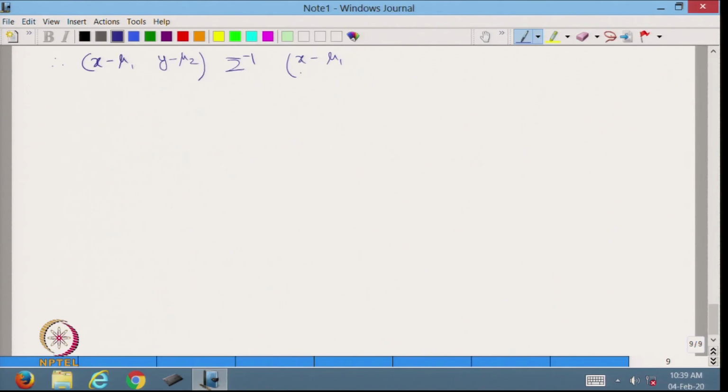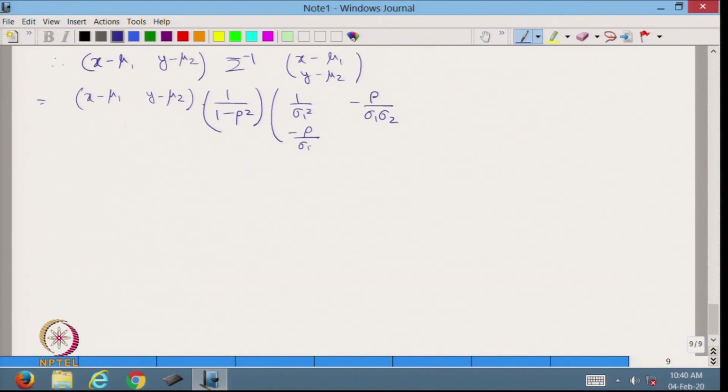So, therefore, x minus mu 1, y minus mu 2, sigma inverse, x minus mu 1, y minus mu 2 is equal to x minus mu 1, y minus mu 2 into 1 upon 1 minus rho square into 1 upon sigma 1 square, minus rho upon sigma 1 sigma 2, minus rho upon sigma 1 sigma 2, 1 upon sigma 2 square, into x minus mu 1, y minus mu 2.